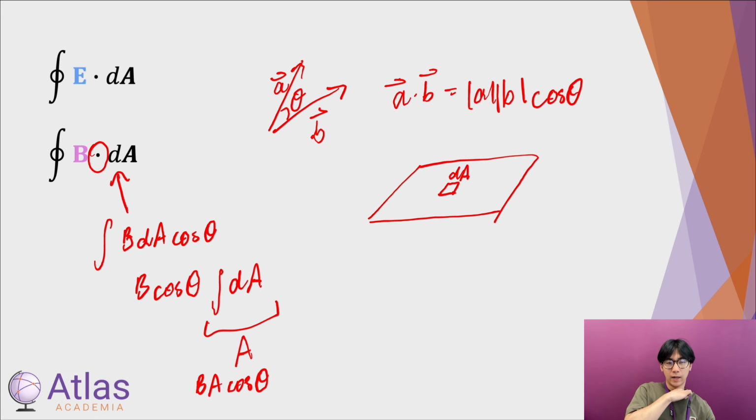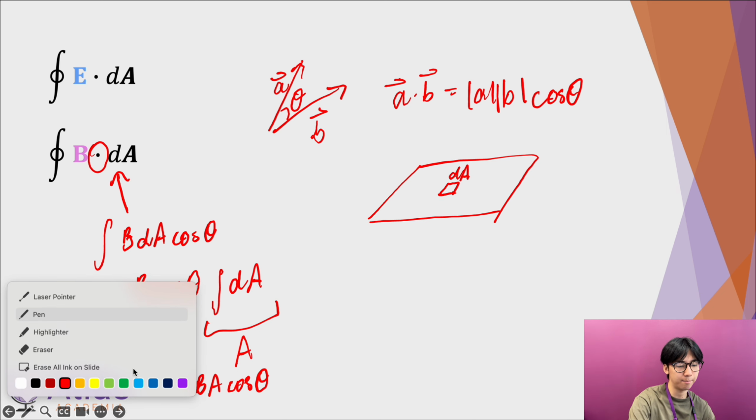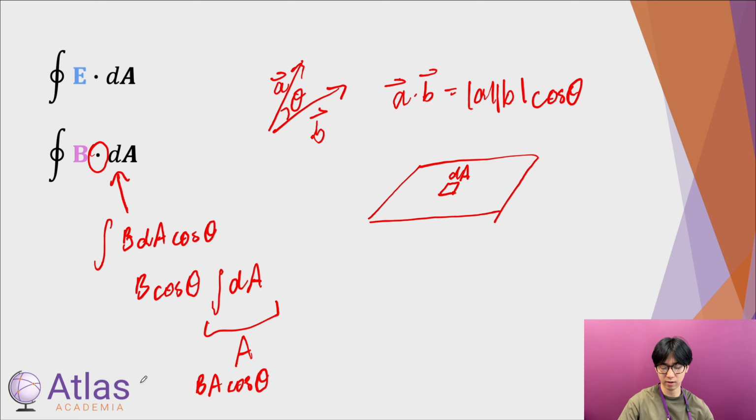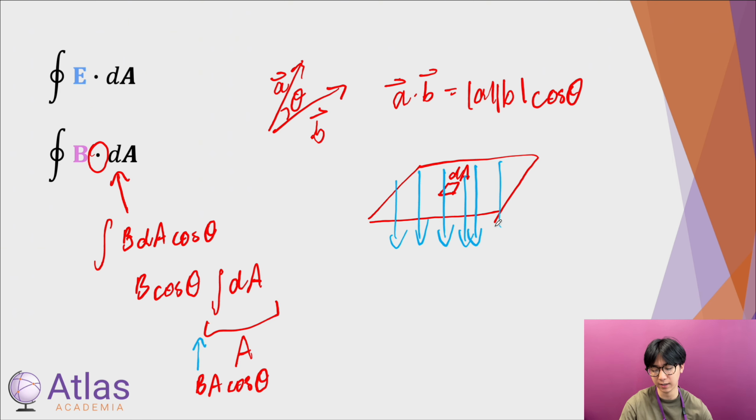Now, what is flux? Well, recall that flux is just referring to the amount of field lines passing through an area. And so what we see is that we can increase this by increasing the magnetic field strength B. So let's say we have some magnetic field lines like this. If we increase B, we're increasing the amount of field lines, we're increasing the density of field lines like this.